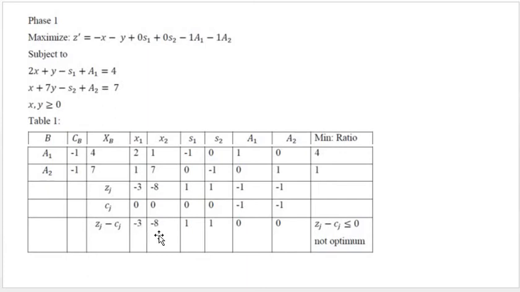Apply the simplex algorithm, look at the Zj minus Cj values, they are not greater or equal to 0, so the most negative is minus 8, select that column and calculate the minimum ratio. The minimum is 1, so we select the second row, and the pivot element becomes 7.